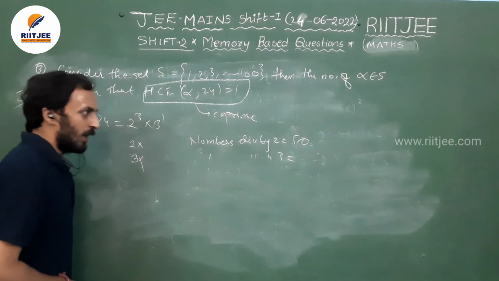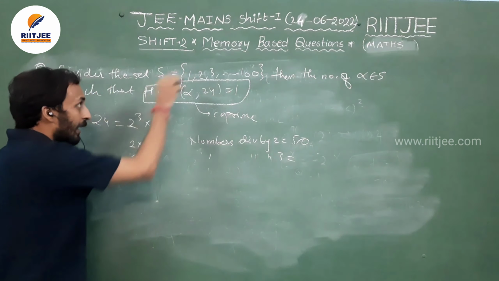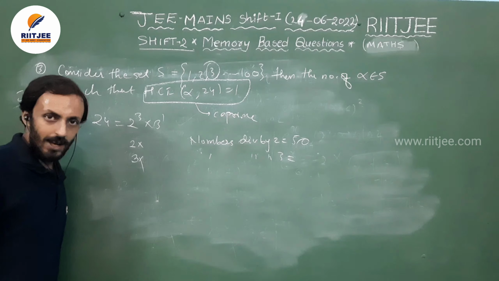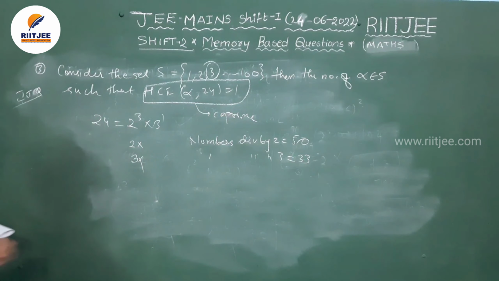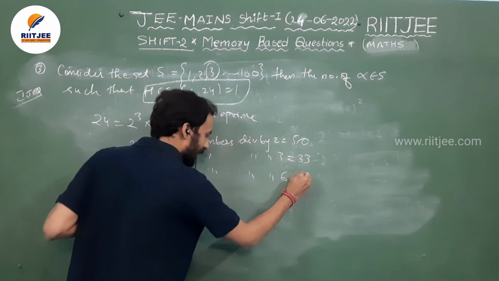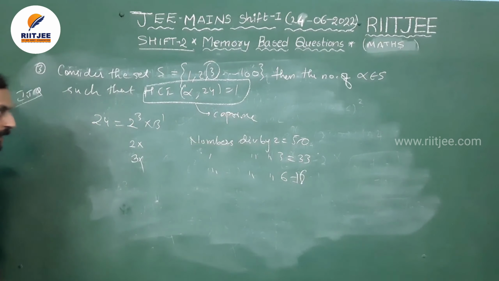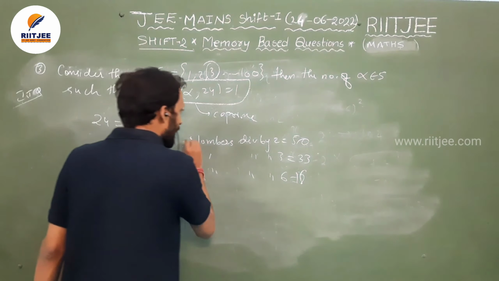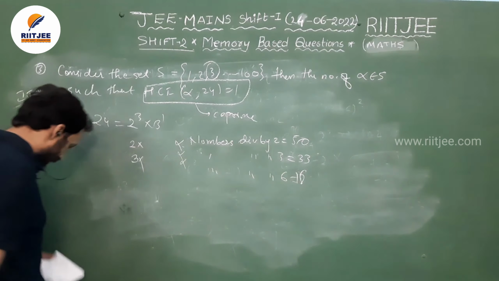You can very easily calculate by the concept of AP that d is equal to 3, a is equal to 1, and you will get 33, right? And also numbers divisible by 6, again by the concept of AP you will get 16, right? So numbers cannot be divisible by 2, cannot be divisible by 3, and also not by 6.